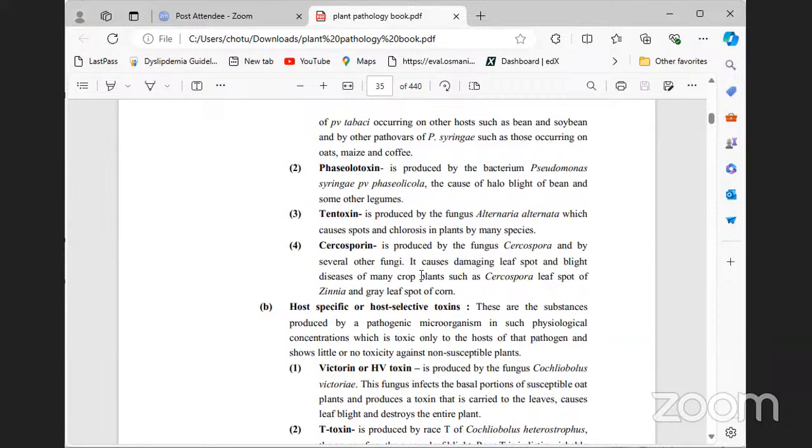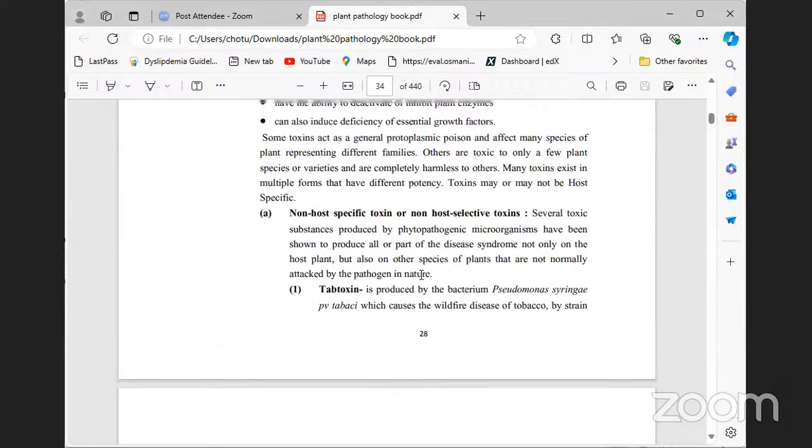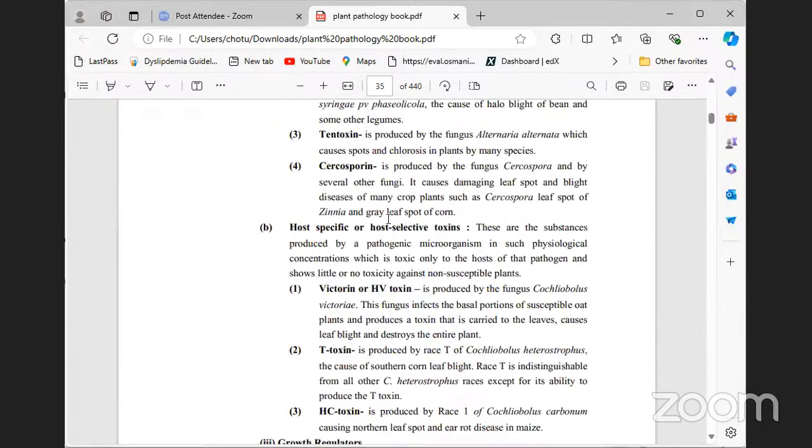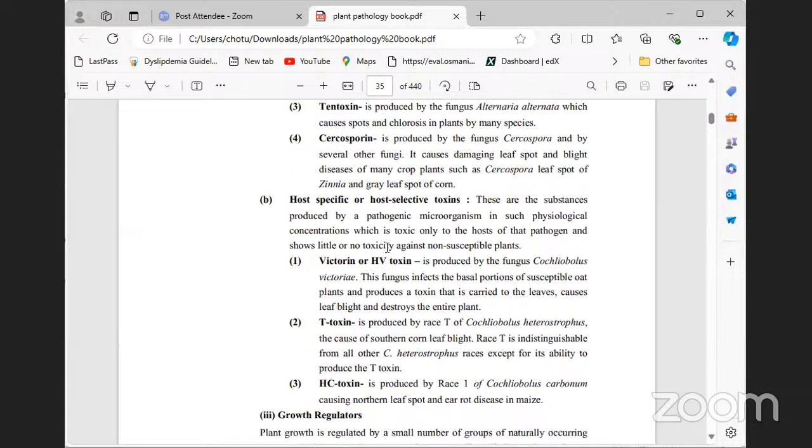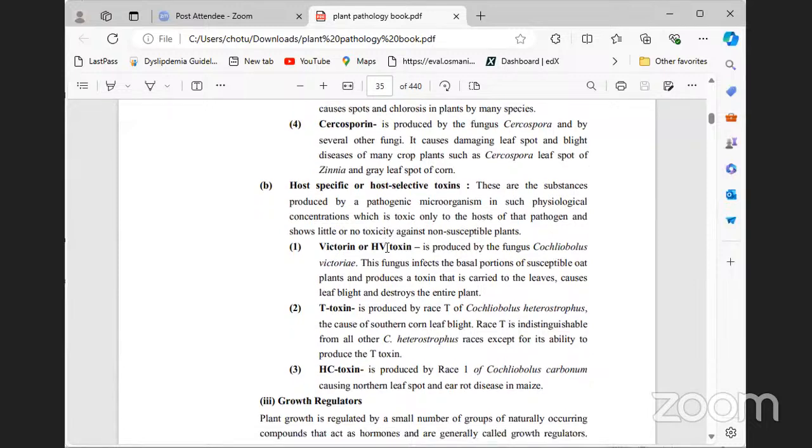Okay, these four are all non-host specific, non-host selective toxins. Coming to the second one, host specific or host selective toxins.